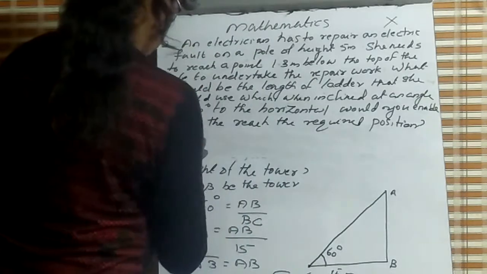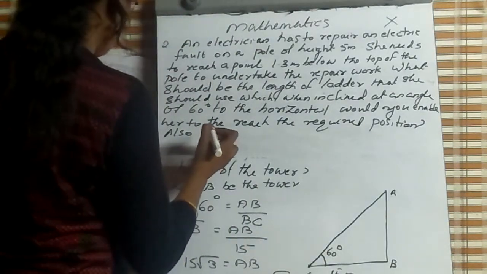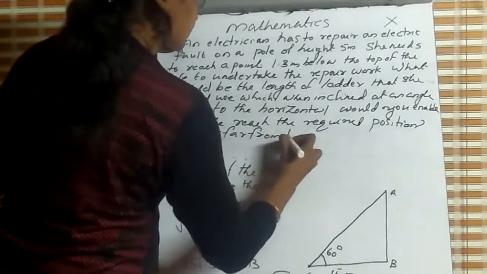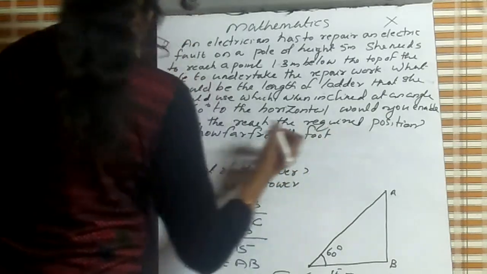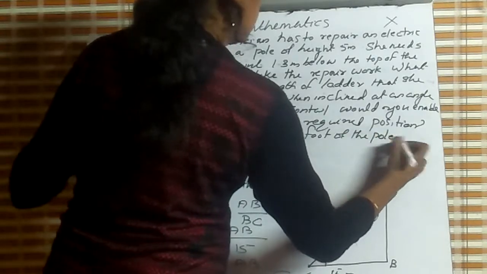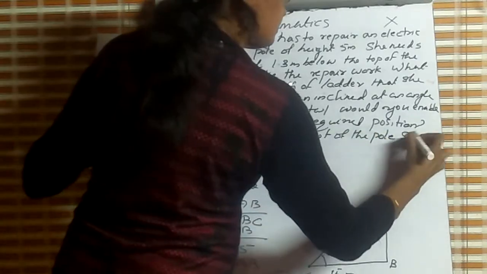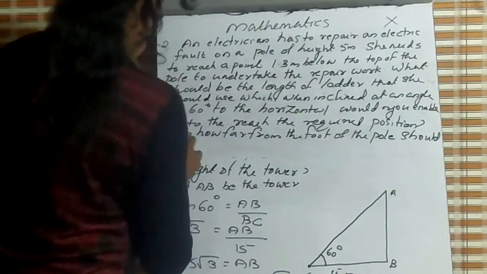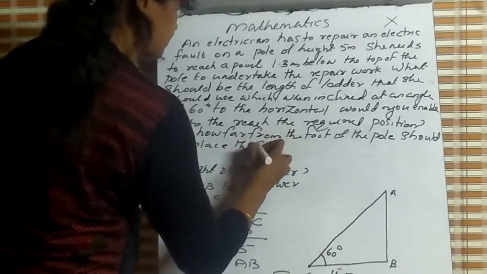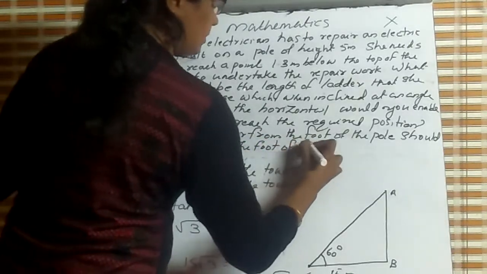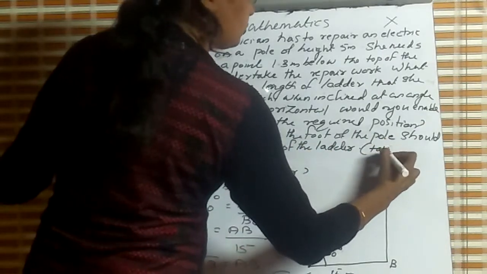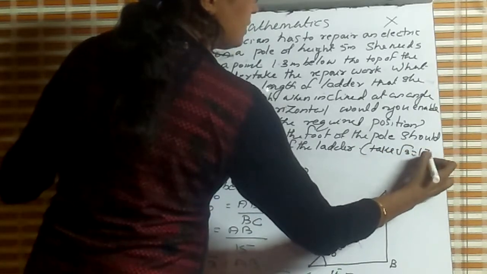Also, how far from the foot of the pole should she place the foot of the ladder? Take root 3 is equal to 1.73.